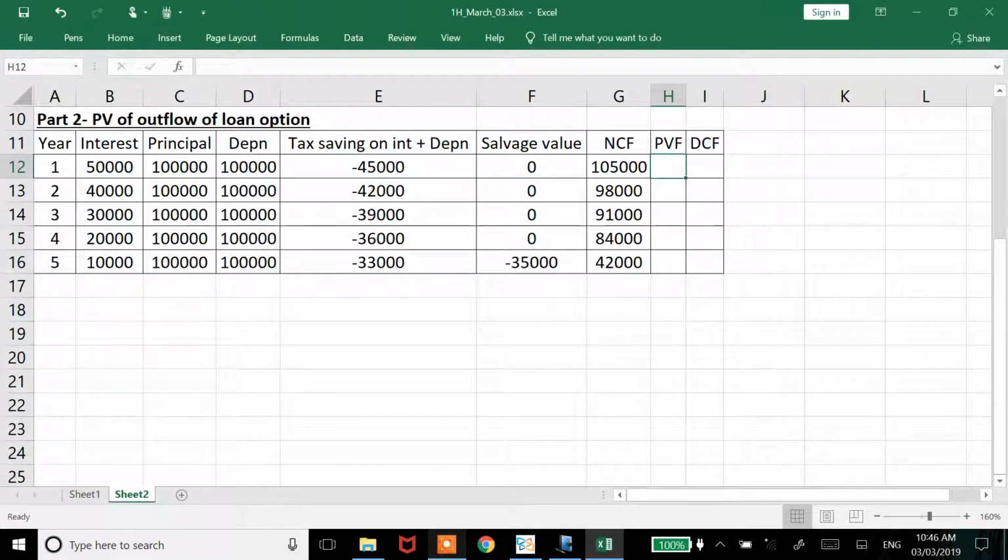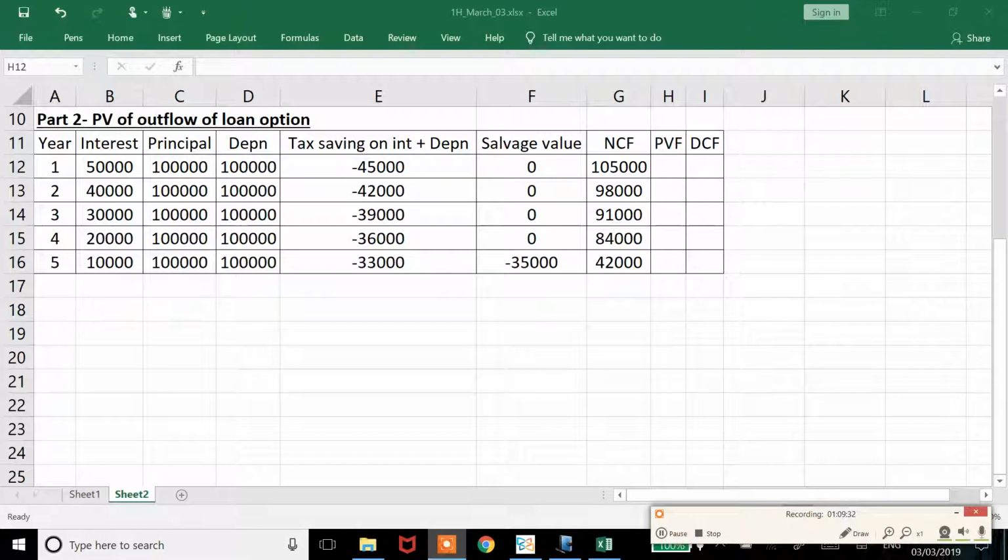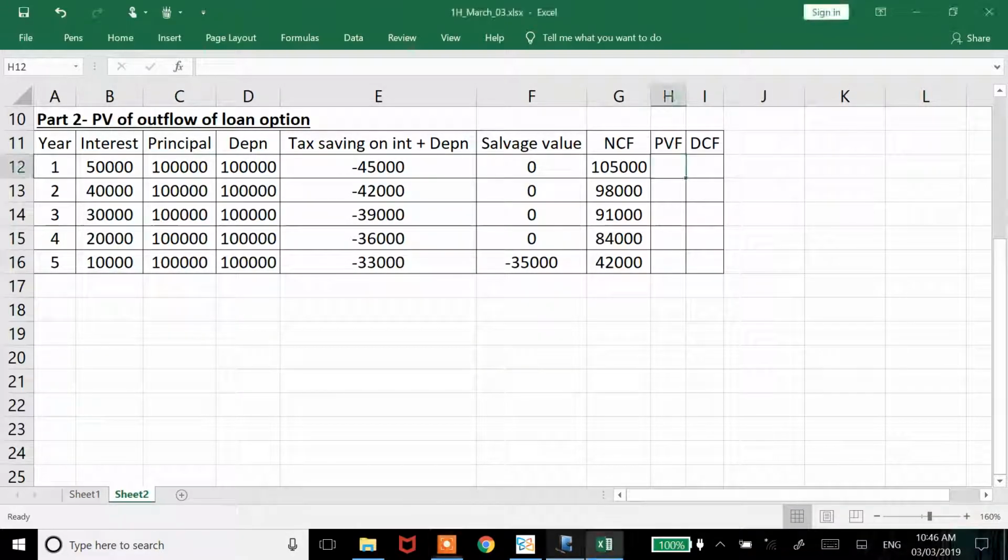That gives 105, 98, 91, 84 and 42. The salvage value is 35,000. If you want to show a working, you can show the working. What is the cost of capital they mentioned? 8%.